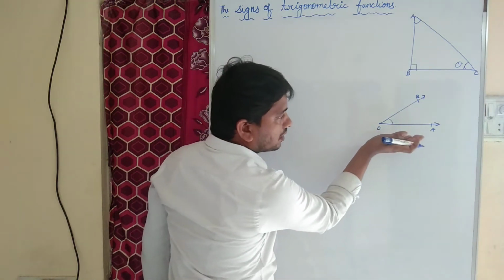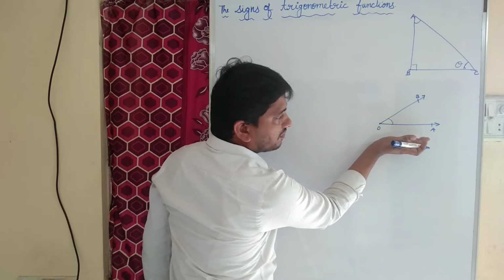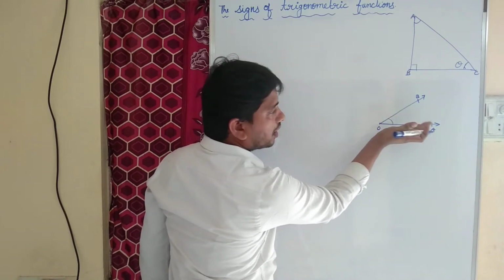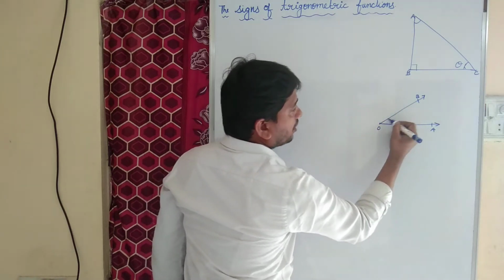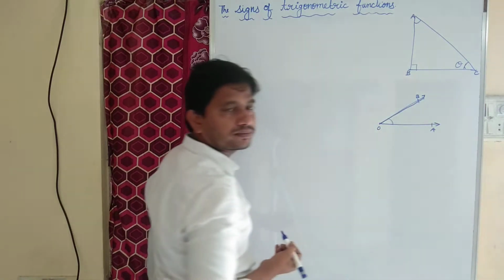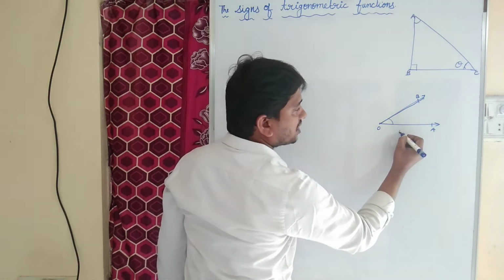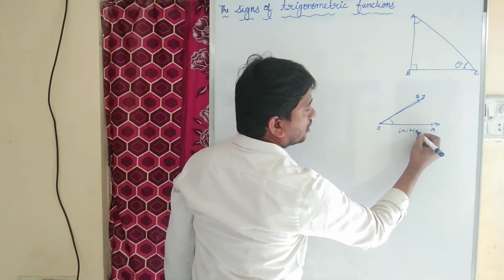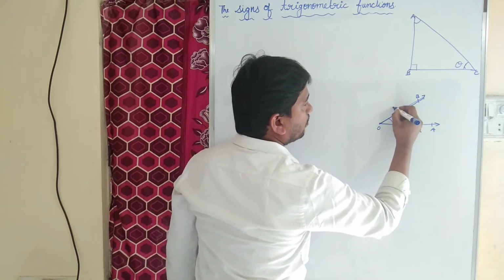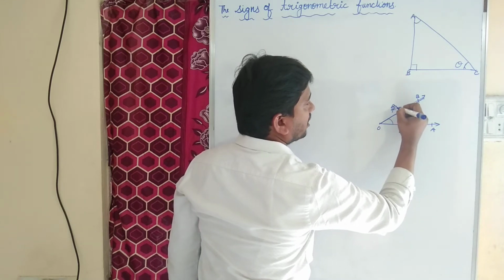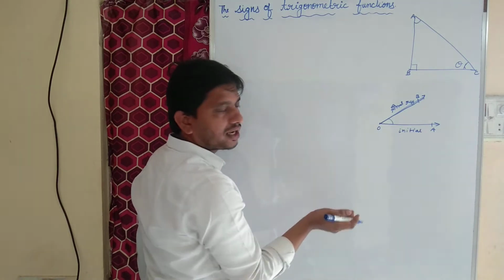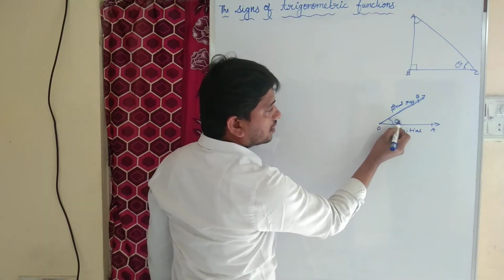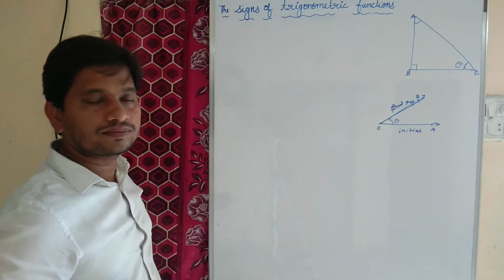See, OA is the initial ray which rotates with a certain angle to meet OB. OA is the initial ray and OB is the final or terminal ray. When this ray rotates with a certain angle, that is theta.